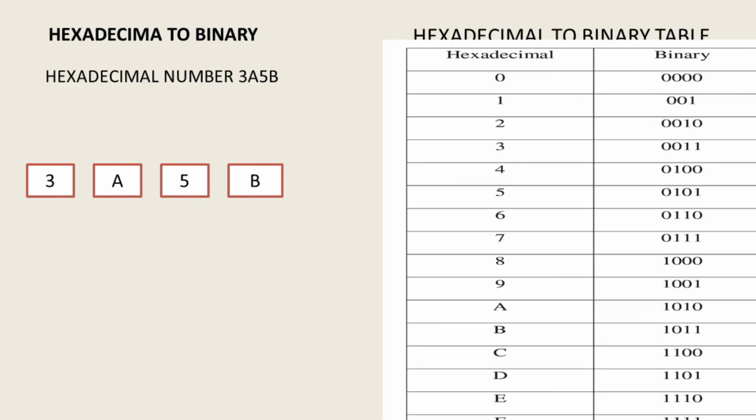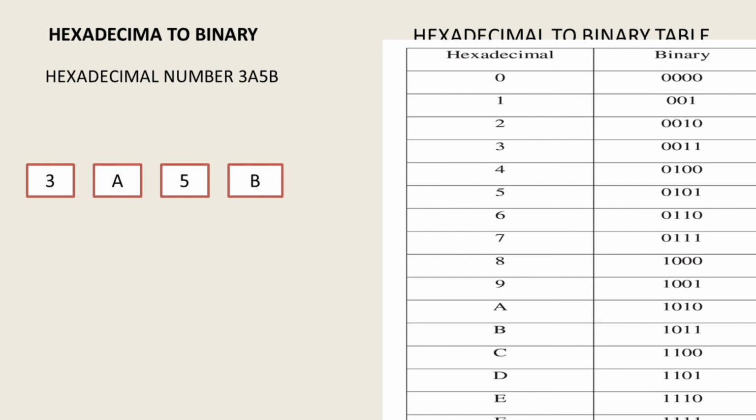Now I will show you how to convert a hexadecimal number into a binary number. Let us consider this hexadecimal number 3A5B.